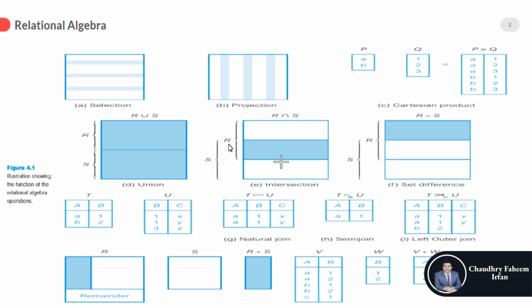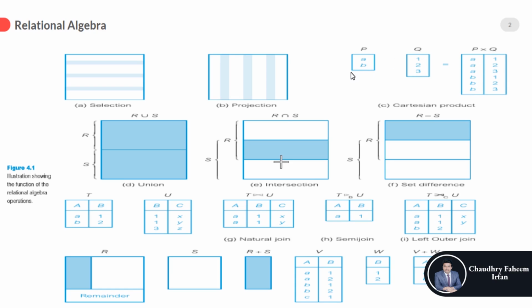Cartesian product. In Cartesian product, the number of tuples of P is multiplied by the number of tuples of Q. So here are 2 tuples and here are the 3. 3 multiplied by 2 is equal to 6. So count the rows. P multiplied by Q is equal to 1, 2, 3, 4, 5, 6.